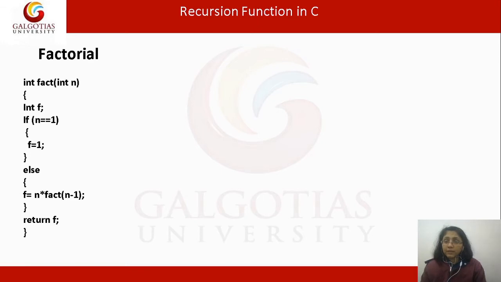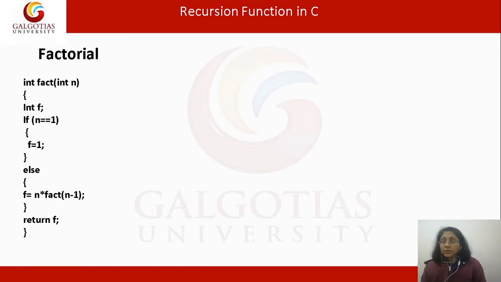One problem is demonstrated here, showing how to write a recursive function. In case of factorial of n, the function name I am giving is fact, the return type is int, and the parameter that we are passing is int n. I'm taking a variable f. As you have seen, first I'm checking whether n is equal to 1, because it's the base condition.